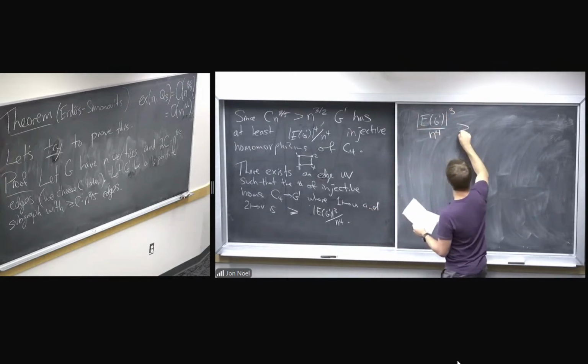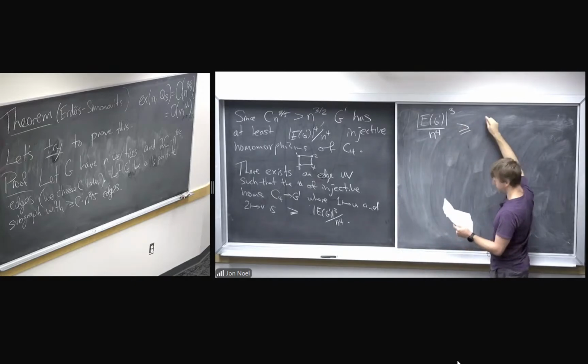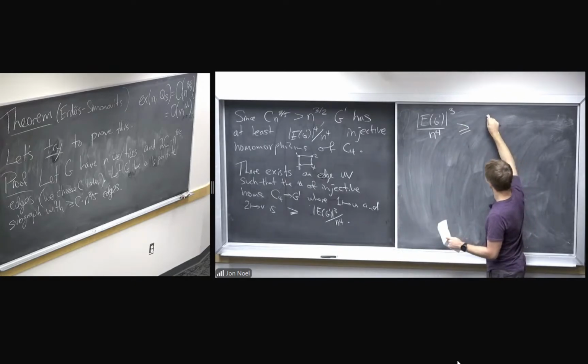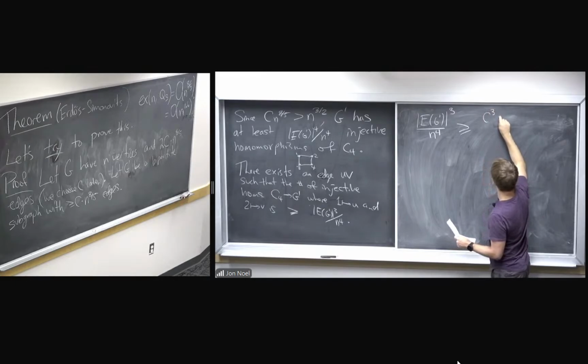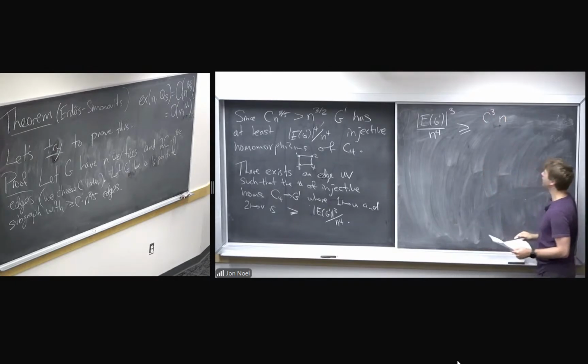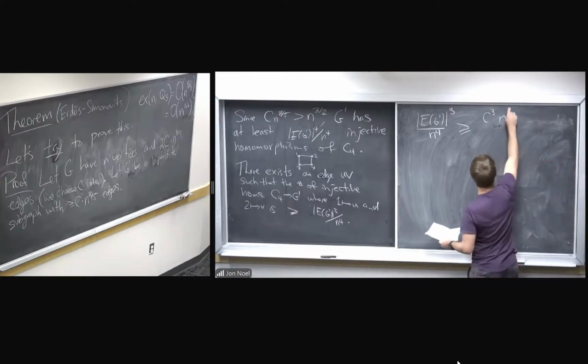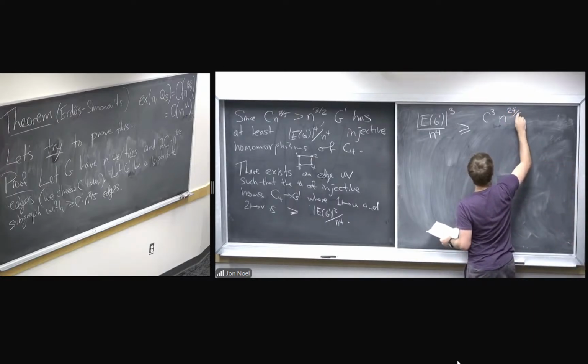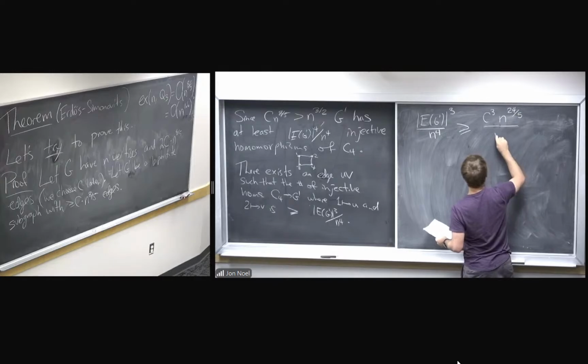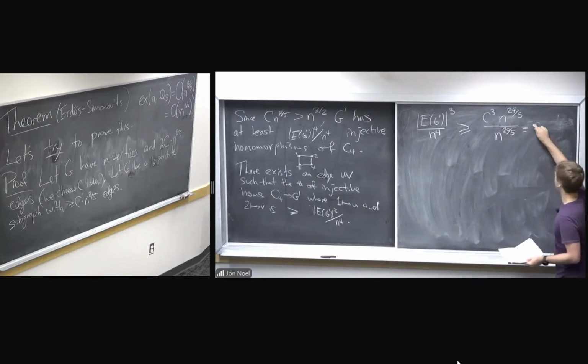If I just plug in the lower bound I have on the number of edges of G prime, that's like C cubed n to the, what is it, 8 over 5, so it becomes like 24 over 5. 4 is 20 over 5. So yeah, in total that gives me C cubed n to the 4/5.